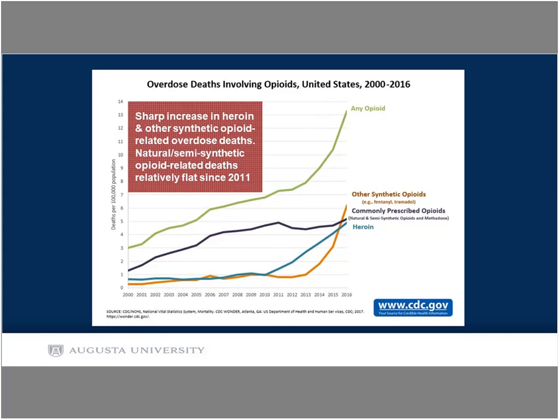And that leveled off starting in about 2011 and has remained relatively flat for the past 5 or 6 years. But essentially what started to take off in 2010 and 2011 are overdose deaths related to heroin and other synthetic opioids. And so that has been what has been driving the overdose-related deaths over the past 5 years.